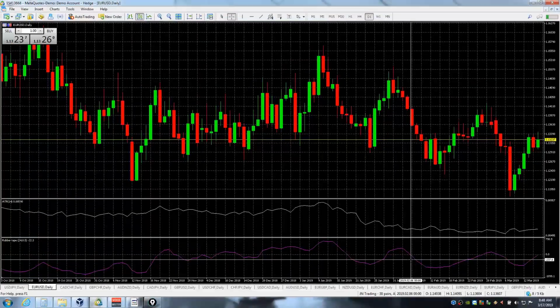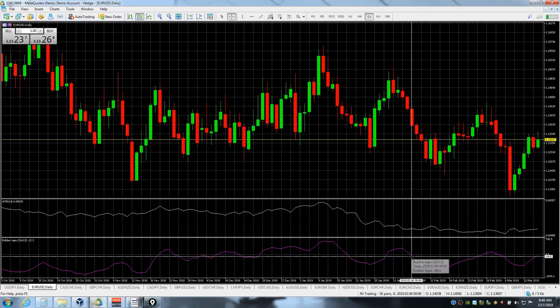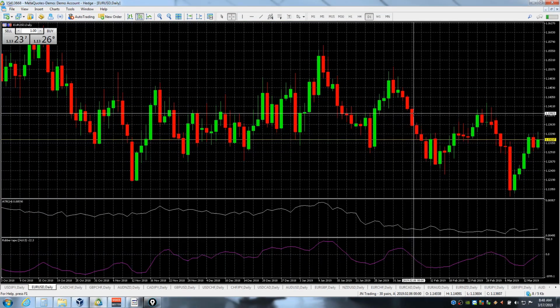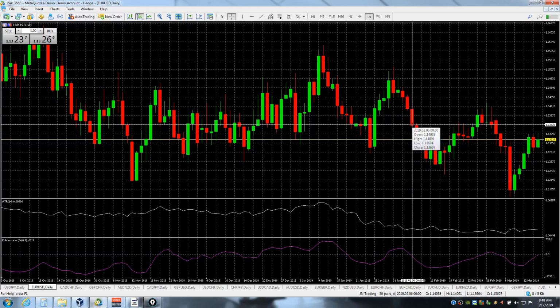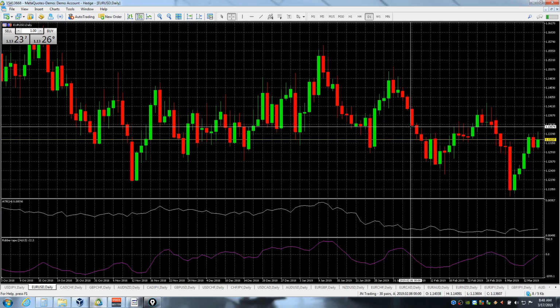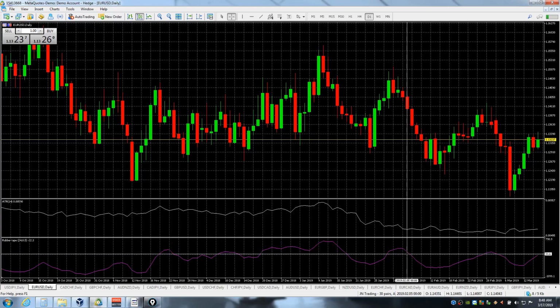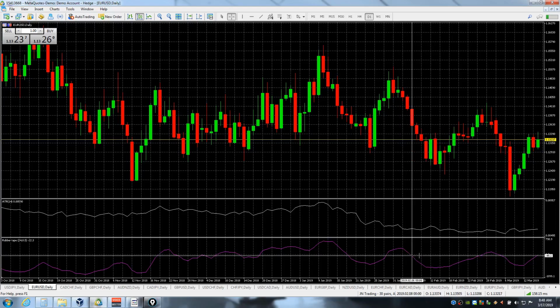Okay, so I'm going to zoom out, and that candlestick is right here. This candlestick right here. That's when it actually crosses over. So see, this pink line is crossing down below this 0 mark, this 0 dash line here.